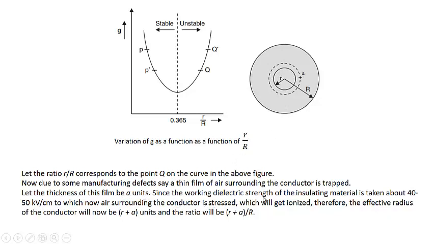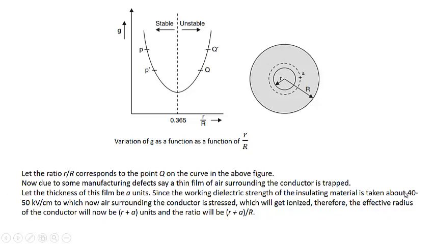Since the working dielectric strength of the insulating material is taken as about 40 to 50 kilovolt per centimeter, or it may even be greater than this. We have seen from the table that rubber has 30, which is 10 times that of air, that means 300 kilovolt per centimeter.